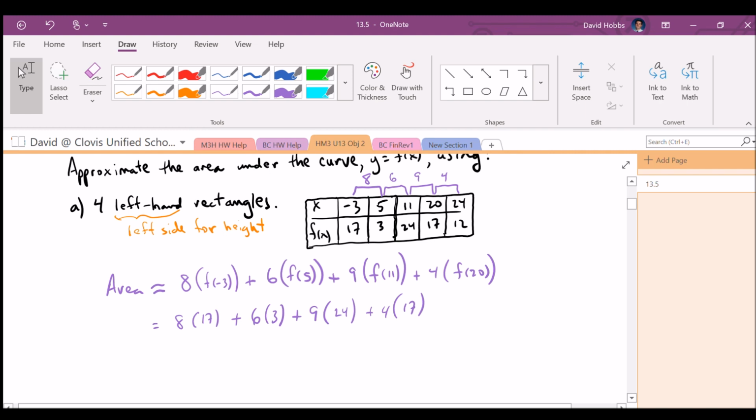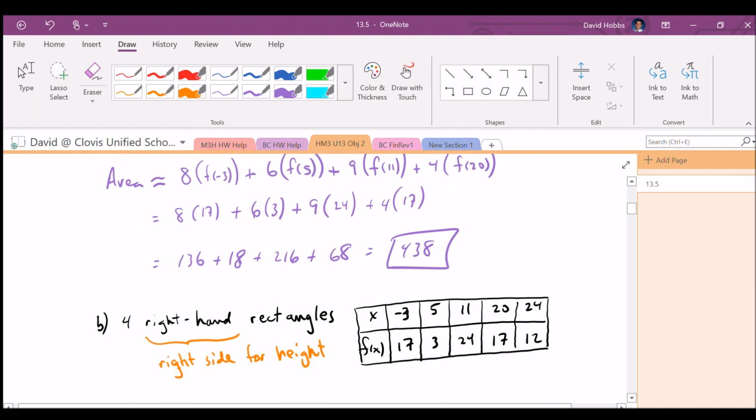Okay, and so if we work all that out, let's see, we do get 136 plus 18 plus 216 plus 68, which is 438.